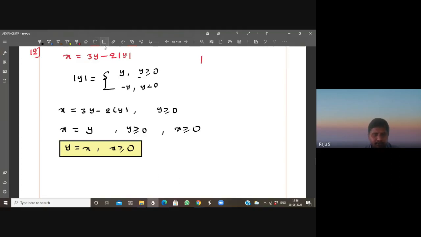Next. y lesser than 0. What about this condition, y lesser than 0? x is equal to 3y minus 2 into minus y, since y is lesser than 0. When y is lesser than 0, modulus y value is minus y. Am I right?